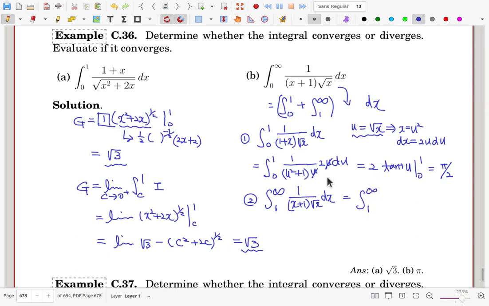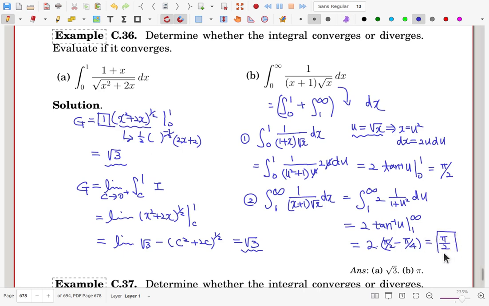Here we have twice the integral of 1 over (1 plus u squared) du, which is twice the arctangent of u from 1 to infinity. At infinity it is pi over 2, and at 1 it is pi over 4, so the difference is pi over 4, twice that is pi over 2.